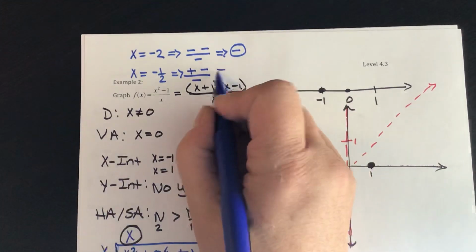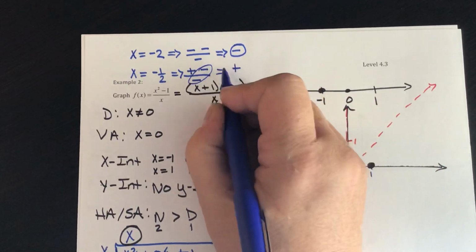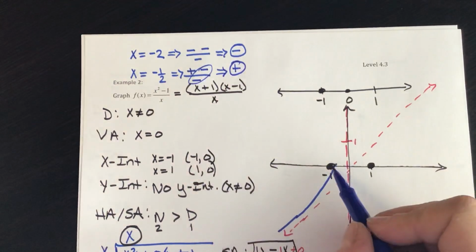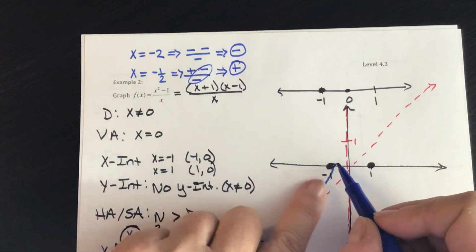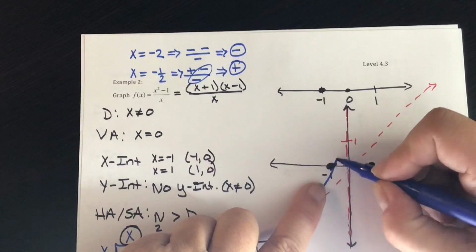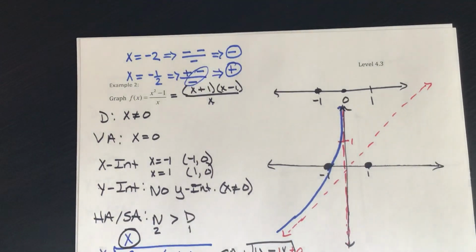So this gives me 2 numbers that are negative, so I get a positive here. So to the right of my x-intercept at -1, I'm going to keep going up and approach my vertical asymptote.